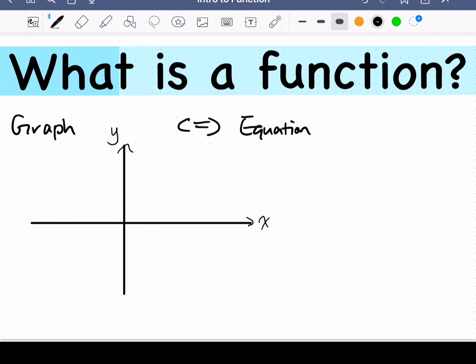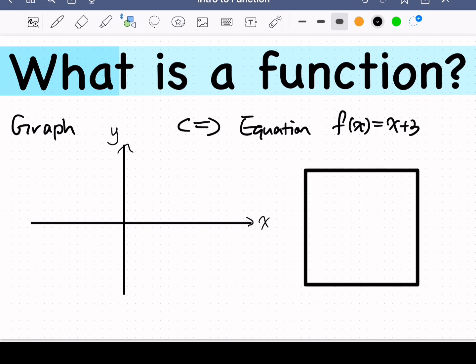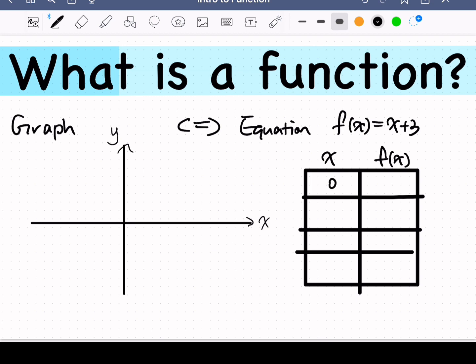So how we draw a graph is by plotting some dots on the xy plane. Let's say for the equation f(x) = x + 3, you can come up with a table. When x is equal to 0, f(x) is equal to 3. When x is equal to 2, f(x) is equal to 5. When x is equal to -3, f(x) is equal to 0, and then it goes on.